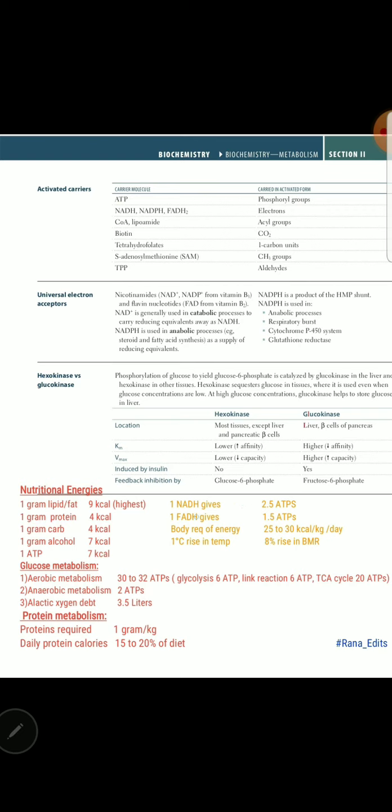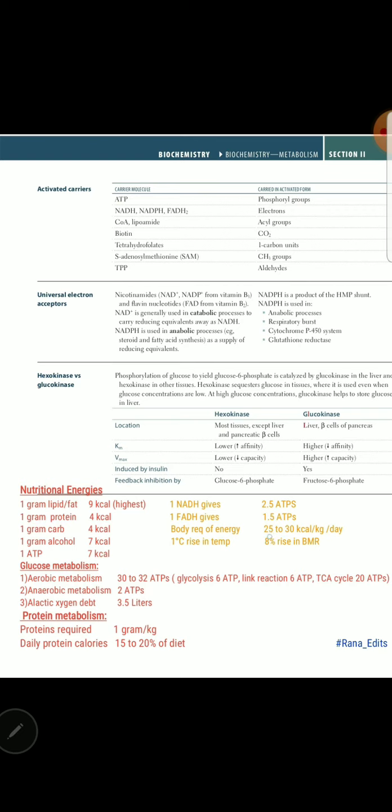Then 1 NADH gives 2.5 ATPs precisely. In FSC we have read about 3 ATPs, but now precisely calculating it is around 2.5 ATPs. And 1 FADH2 gives 1.5 ATPs. So 2.5, 1.5, and body requirement of energy is 25 to 30 kilocal per kg per day.